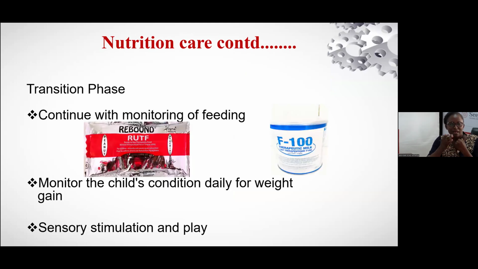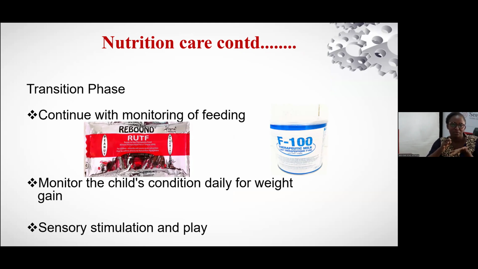And when the child is now recovering, remember every day we are taking the weight, we are monitoring these children, and the doctors are reviewing these children, medical complications are resolving, the child's appetite is back. The child is stabilizing.